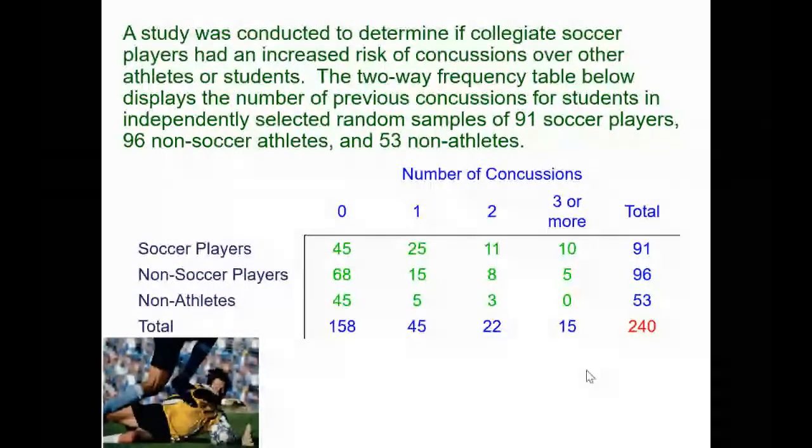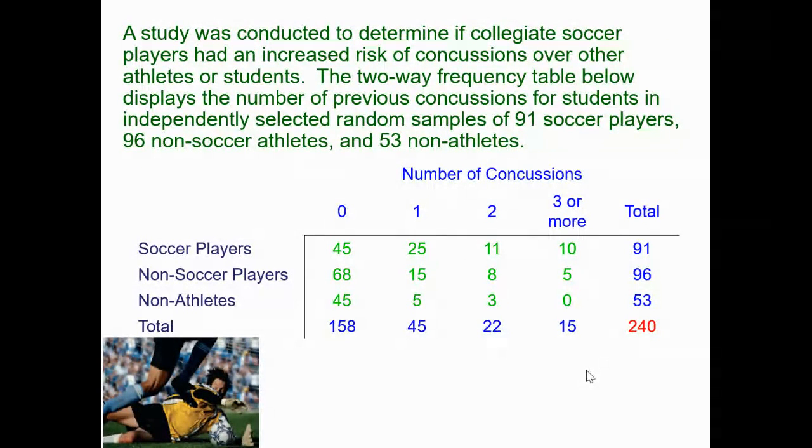Okay, so let's look at our first example. A study was conducted to determine if collegiate soccer players had an increased risk of concussions over other athletes or just other students that don't even play sports.